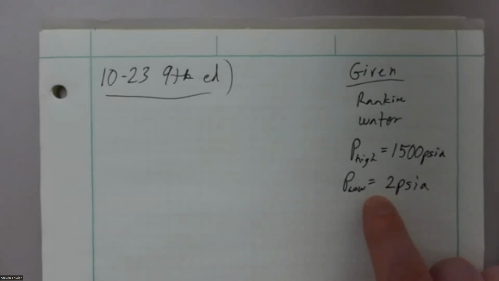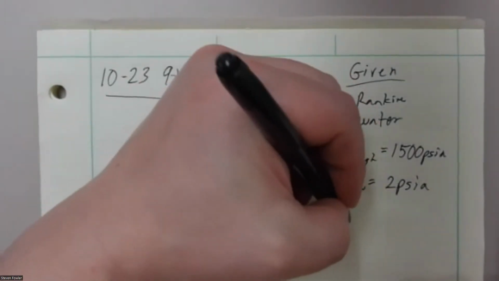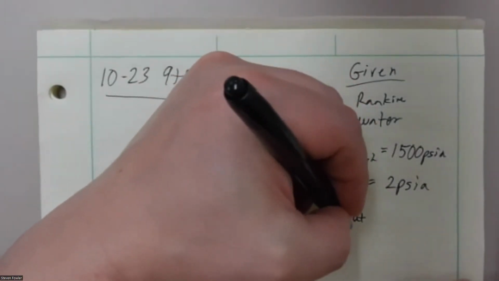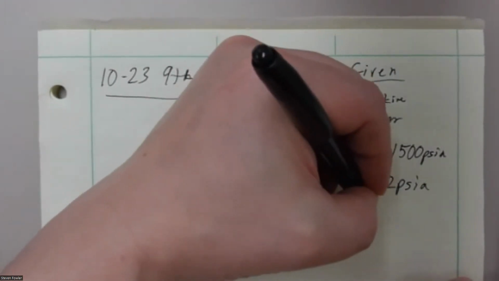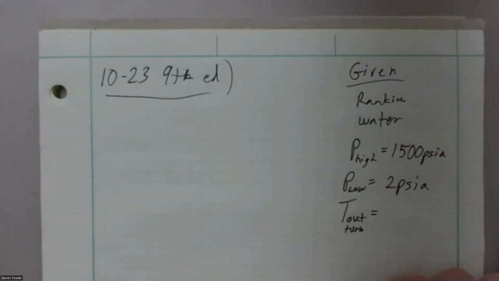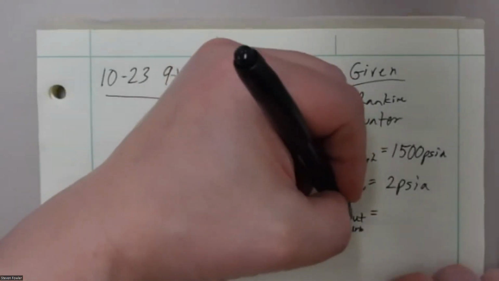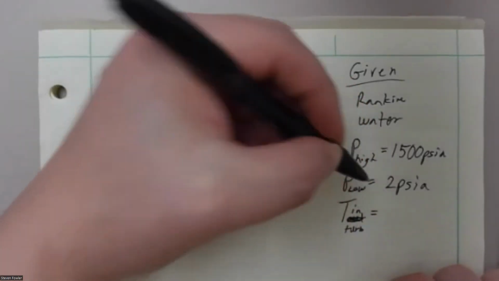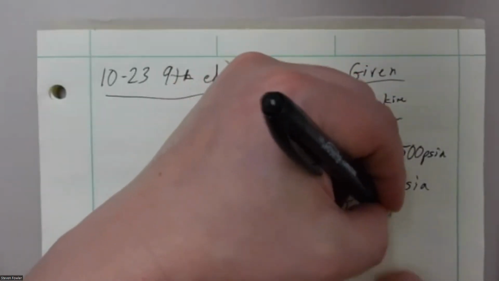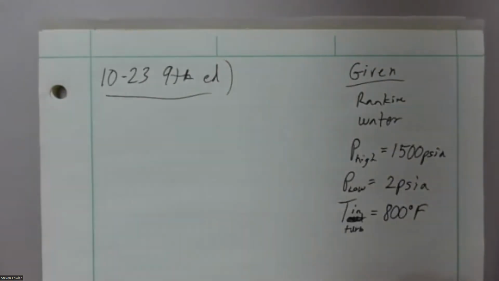The temperature out for the turbine. I'm going to talk about what states these are in a second. But it just simply says the temperature out of, I'm sorry, that's the inlet. I apologize. The inlet temperature for the turbine is 800 degrees Fahrenheit.